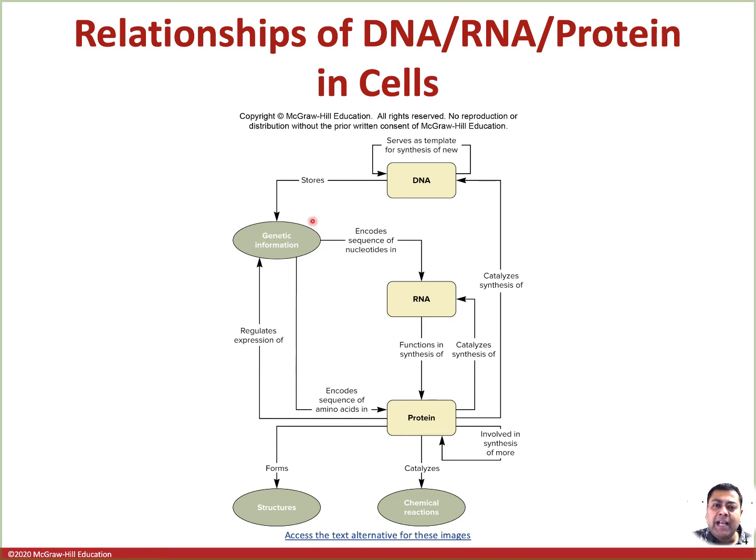The genetic information in a neuron or in a hepatic cell, a liver cell, is exactly the same. Both contain the exact same DNA, but one cell is producing insulin and another is not.